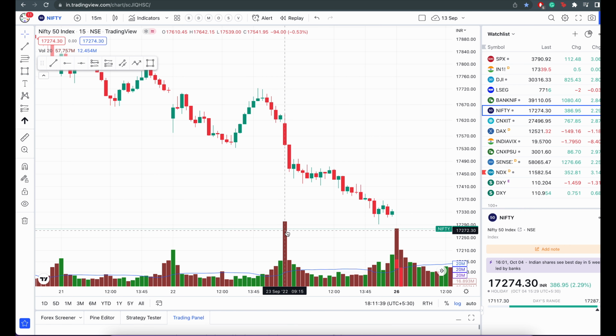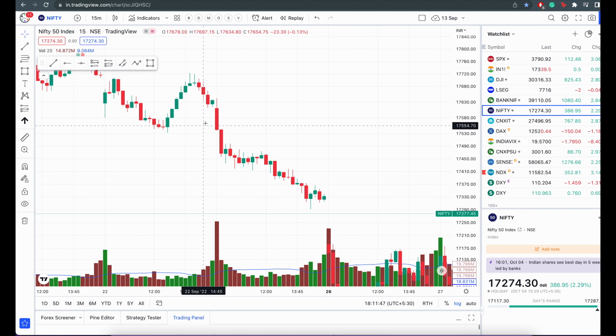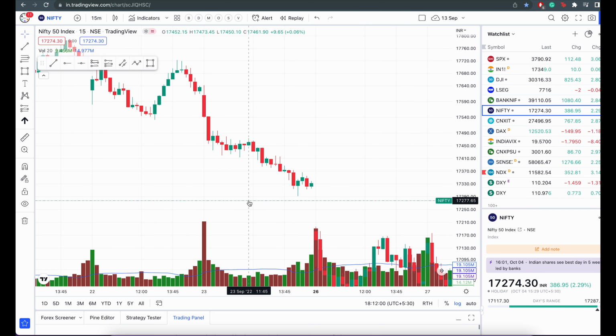There's a large red candle, which means there's a very high probability this will be a fall, and you can see the price move is high and the volumes are very high. All days it's been falling because the number of green candles is very low, which means people are not interested to buy, or are more interested to sell. So this whole thing goes down.